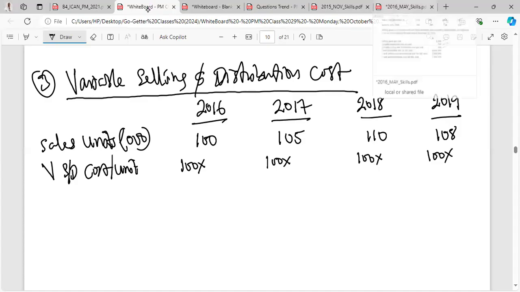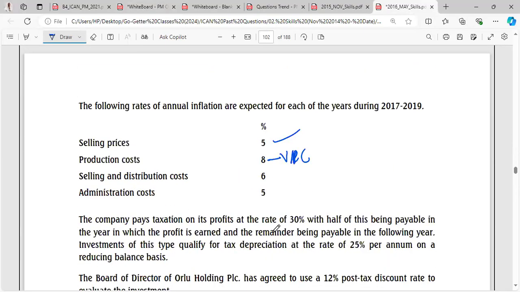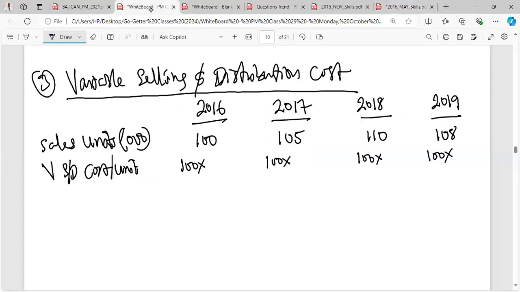What's inflation for selling and distribution costs? It is 6%. So we are taking the variable part, 6%. So we'll say times 1.06 raised to power 0, 1.06 raised to power 1, 1.06 raised to power 2, 1.06 raised to power 3.